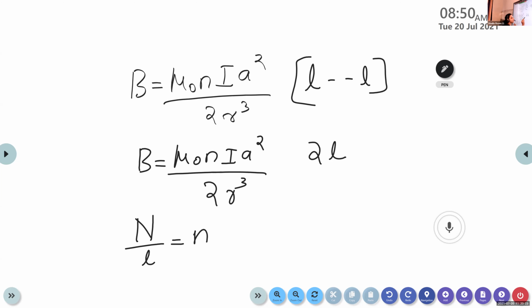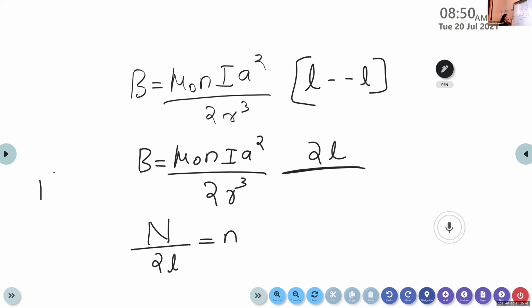And what is the total length of the solenoid? The total length of the solenoid is 2L. So the number of turns per the total length of the solenoid becomes N by 2L, equal to small letter n. That is, from the general expression, we know the number of turns per unit length.